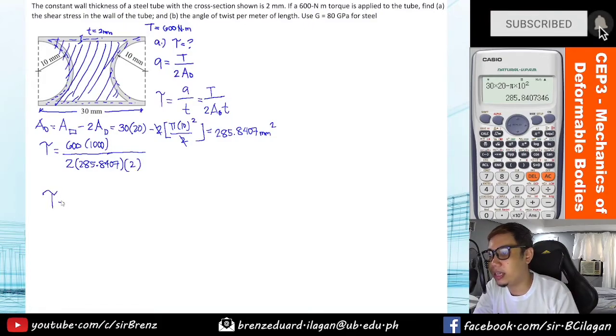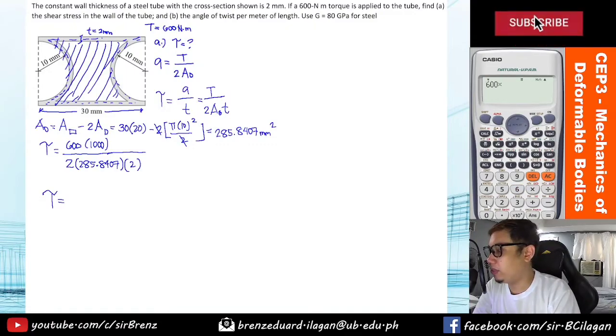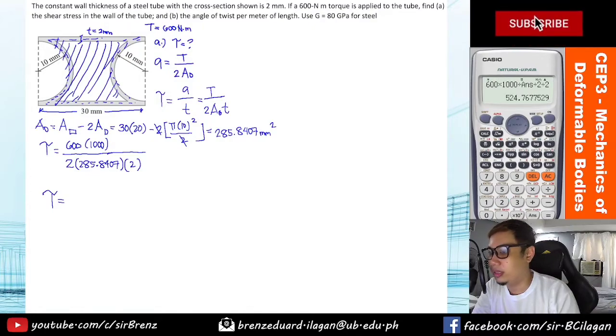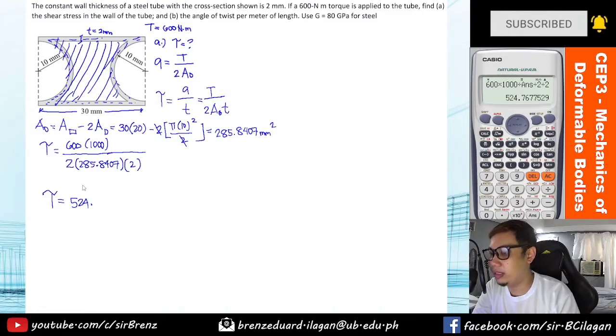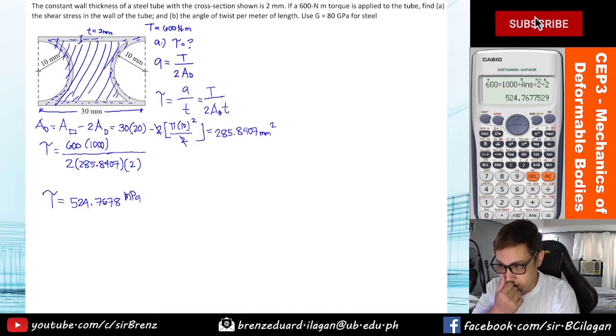So, what will be the shearing stress inside the tube or in the wall of the tube? So, that is 600 times 1,000, then divided by the answer, yung ating area, and then divided by 2, and then divided by 2 for the thickness. Okay, so the answer for that is 524.7678 megapascal or Newton per mm squared.